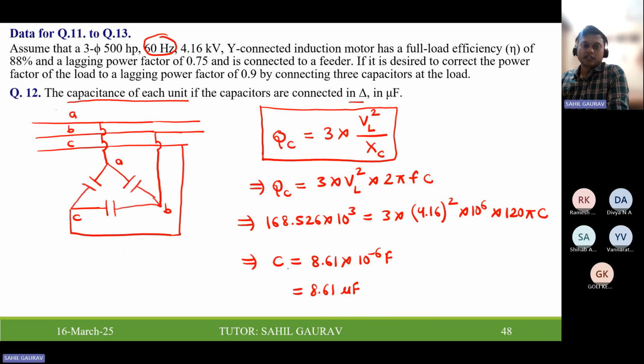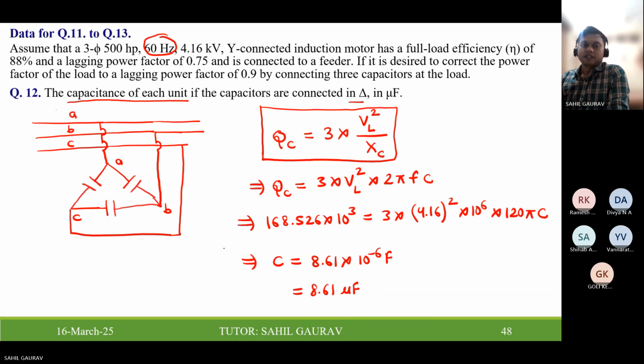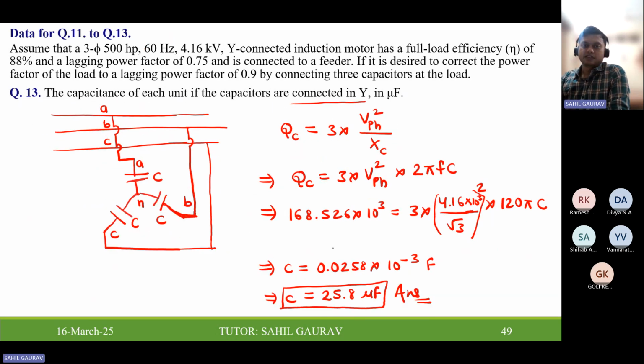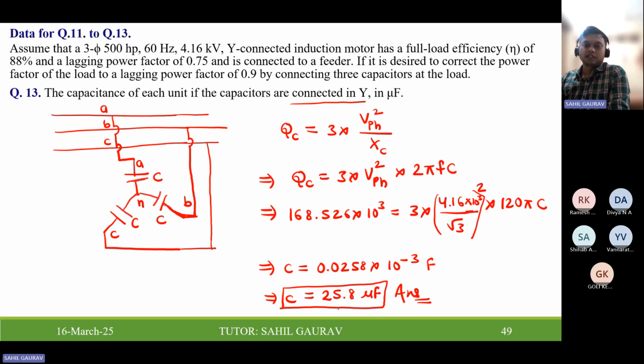For delta, the capacitor size is 1/3 of the capacitor size in star, because of the voltage change. For reactive power compensation of 168 kVAr, we have a capacitor value of 8.6 microfarad in delta, while for star connection, we have 25.8 microfarad.